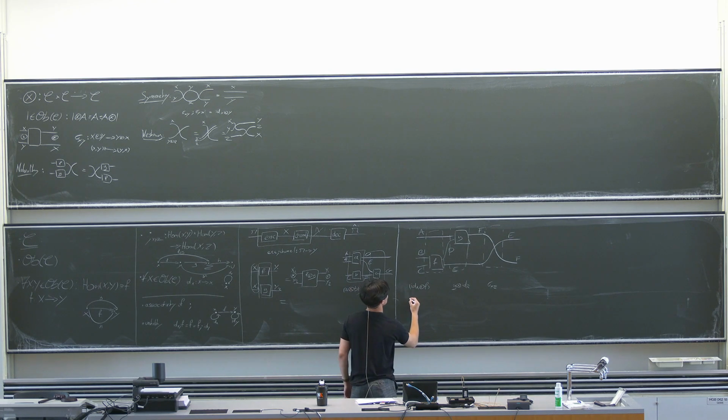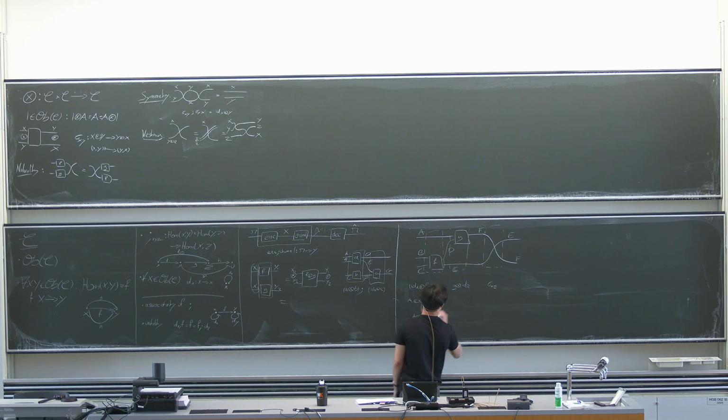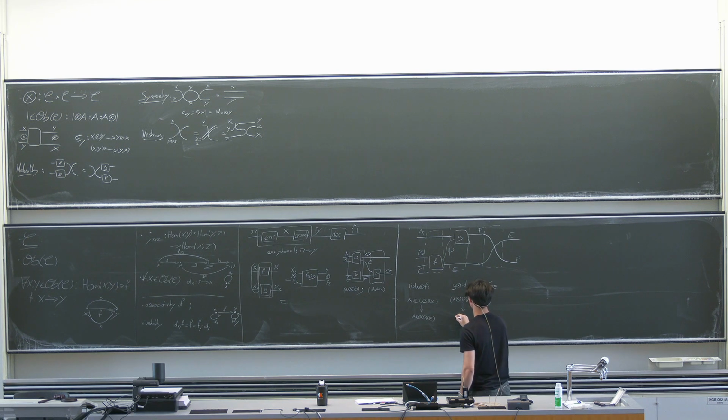This morphism goes from A to A cross B cross C, and it maps to A cross D cross E. And this one takes A cross D cross E, and it returns F cross E. And now let's assume we're in the category of sets because it's the most basic example.